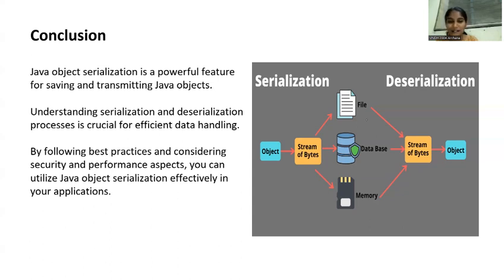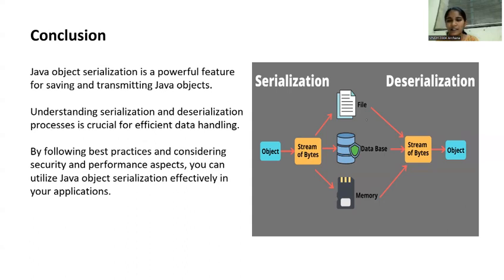By following the best practices and considering the security and performance aspects, you can utilize Java object serialization effectively in your application. We can create many applications using this serialization concept. It can mainly be helpful in security considerations, which we already discussed before.